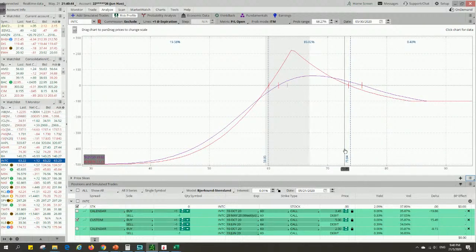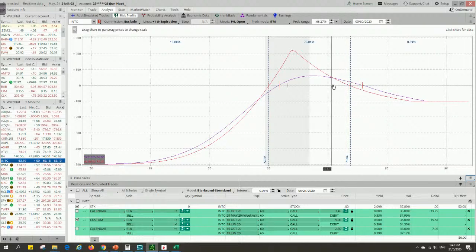This is not the perfect diagonal spread that I'm looking for, because in the ideal case, I would like to see that I still remain in profit even when the stock price moves to infinity, right? Even like $200, I would still remain in profit.